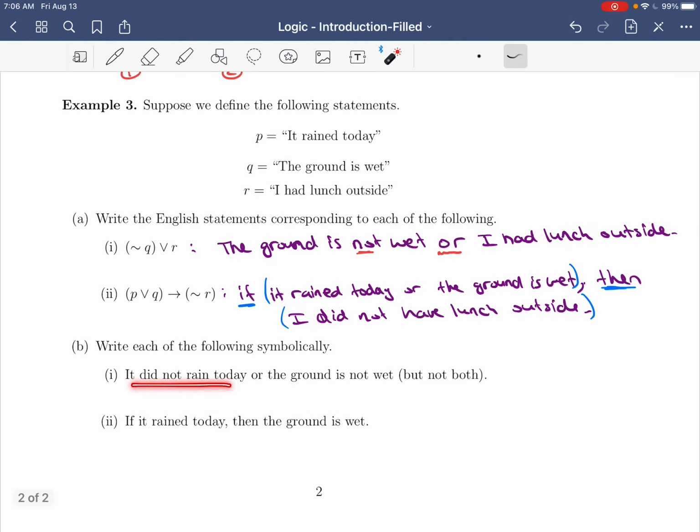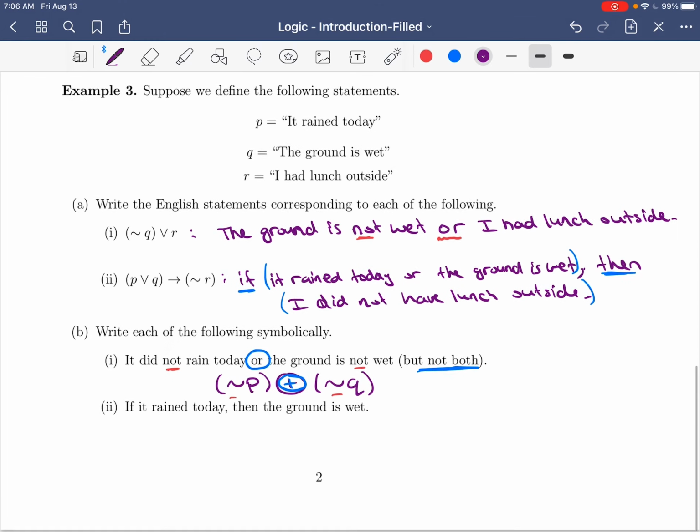Now, it did not rain today, so that's not P. The ground is not wet, that is not Q. So this looks like it's going to be not P, not Q, with an exclusive or between them. Okay, so I see the or and the not both. So that's telling me the exclusive or. And then these nots here are giving me the symbol inside here.